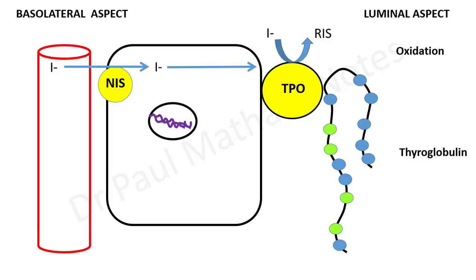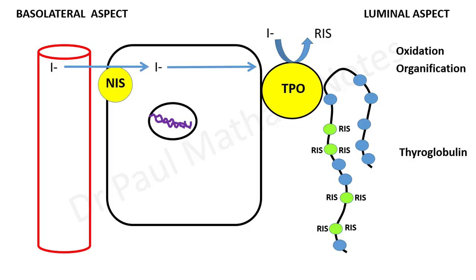Now the reactive iodine species can be added to the tyrosine residues of thyroglobulin. So two molecules of reactive iodine species can be added to one molecule of tyrosine, or indeed one reactive iodine species can be added to one tyrosine residue of thyroglobulin.